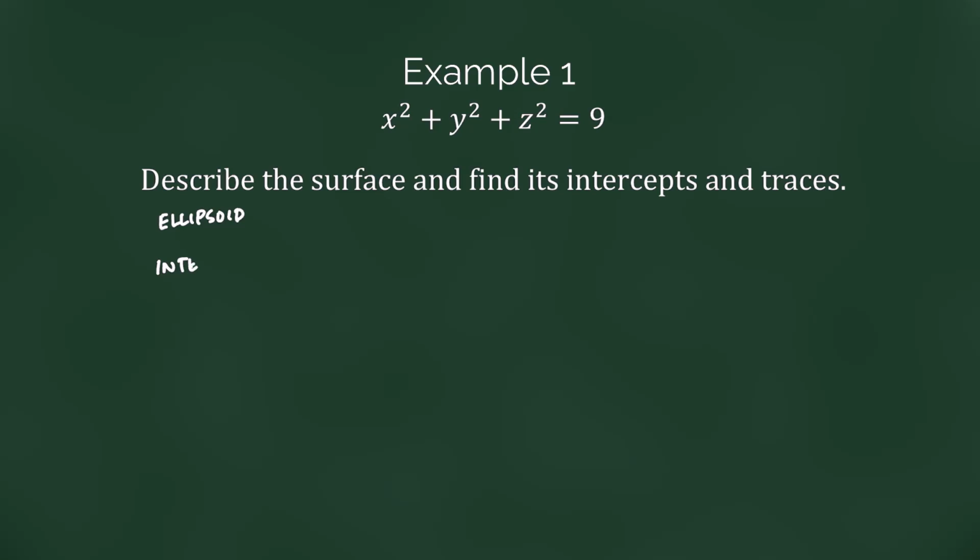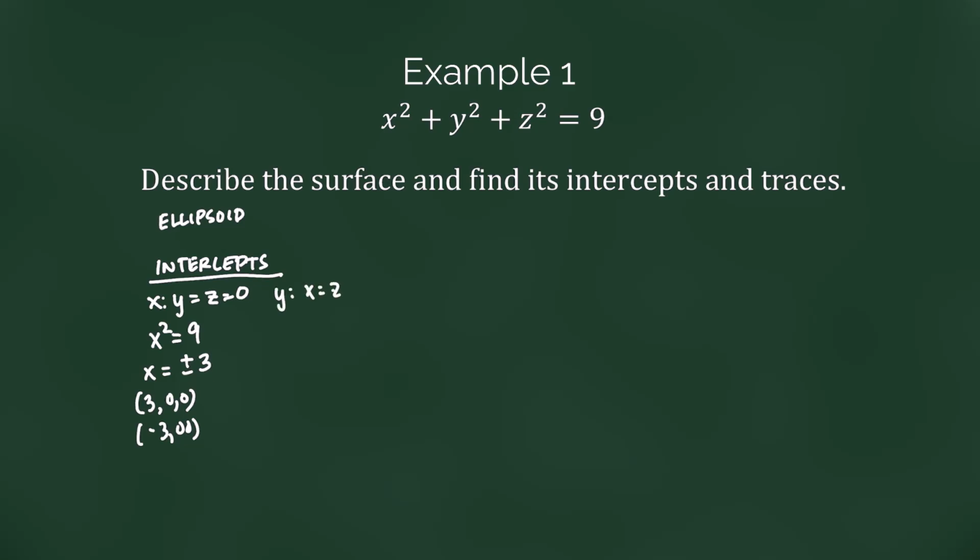So the intercepts, we're going to have 3 of them, potentially. To find the x-intercept, we're going to let y and z both be 0. Well, that gives us that x squared is 9, which means that x is positive or negative 3. So we have 2 x-intercepts at the point 3, 0, 0 and negative 3, 0, 0.